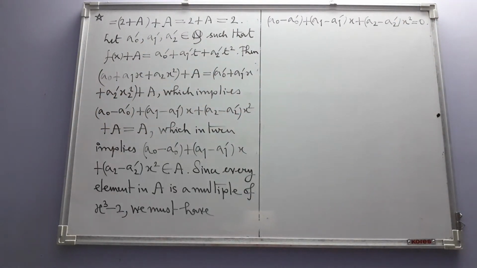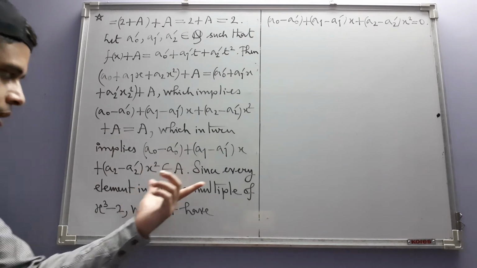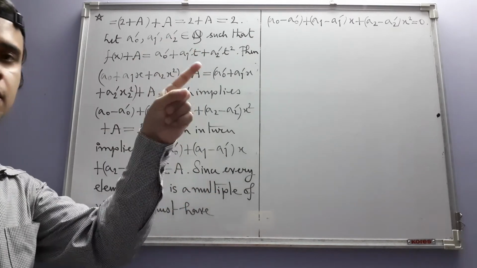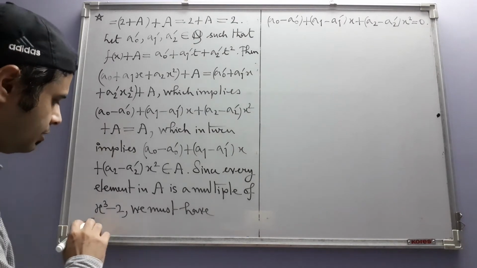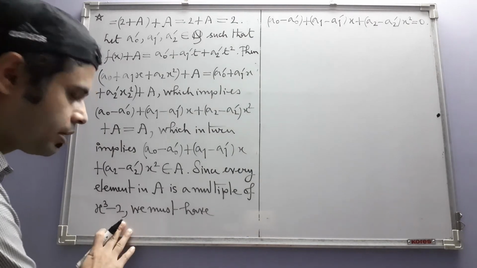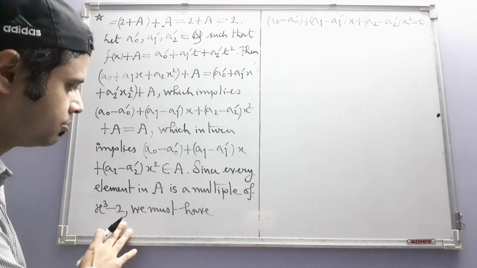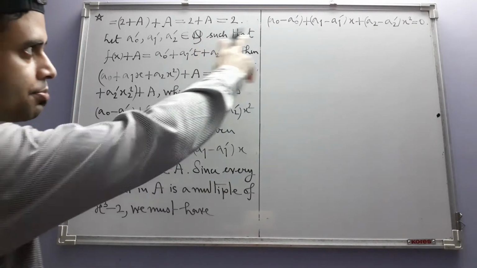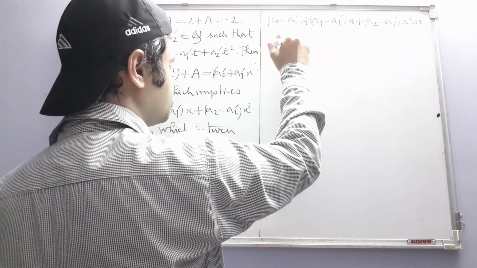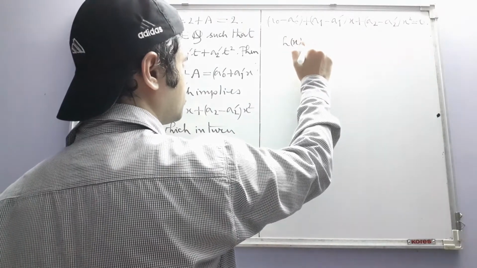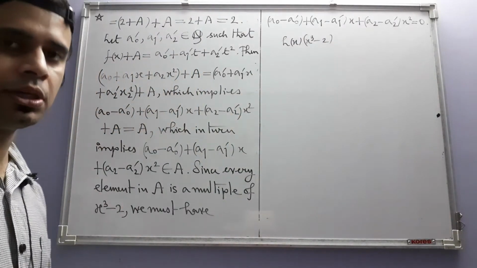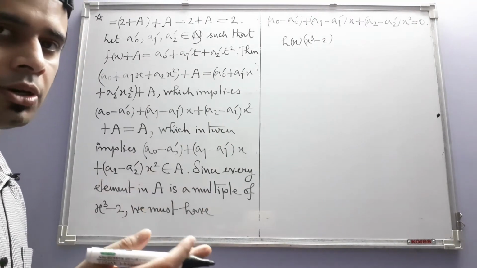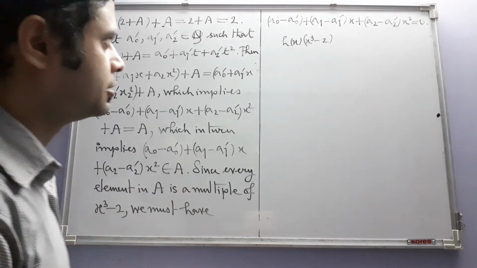But why? Why should this imply that this polynomial must be 0? The reason is that if you take a multiple of x cube minus 2, say you assume that this polynomial is this multiple of x cube minus 2, where h(x) is some polynomial with rational coefficients.